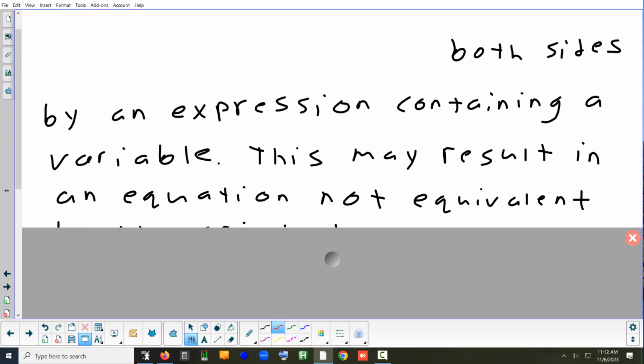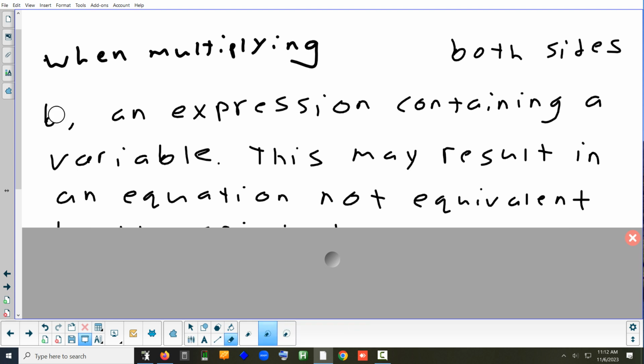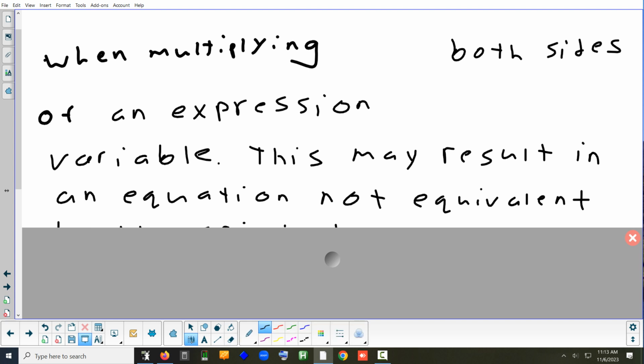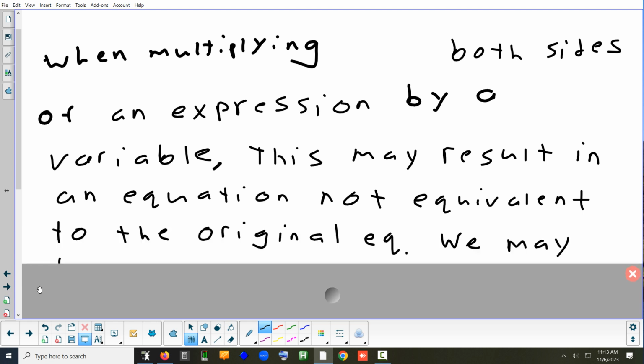Okay, so let's write down: multiplying both sides of an expression by a variable, comma, this may result in an equation not equivalent to the original equation. Perfect.